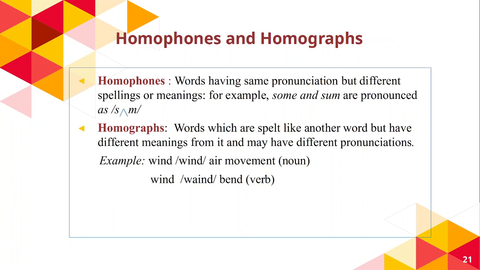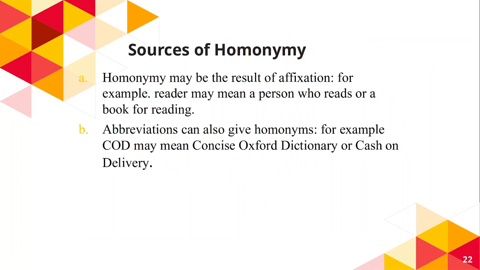The graph, that is, the spelling, is the same, WIND, but wind, when it refers to air movement, is a noun, but wind, the part of speech is different, a verb, and it means bend. Though the spelling is the same, pronunciation is different and meaning is also different.